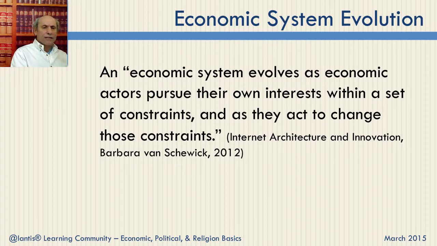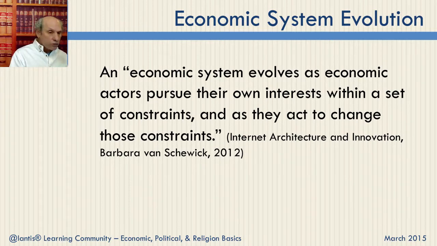So think about that in the broader sense. Economic systems evolve as economic actors pursue their own interests. So this goes back to Adam Smith and free market. People work to pursue their own interests. Adam Smith talked about the baker baking because it's in the baker's best interest to bake, not because the government wants them to bake. That people should be allowed to pursue their own interests.